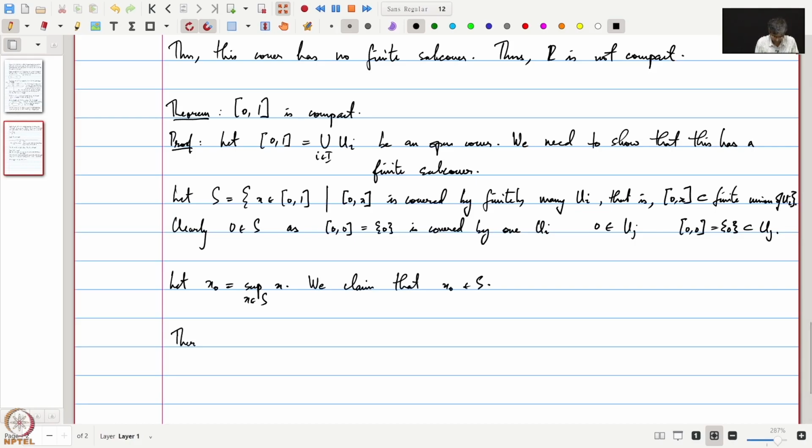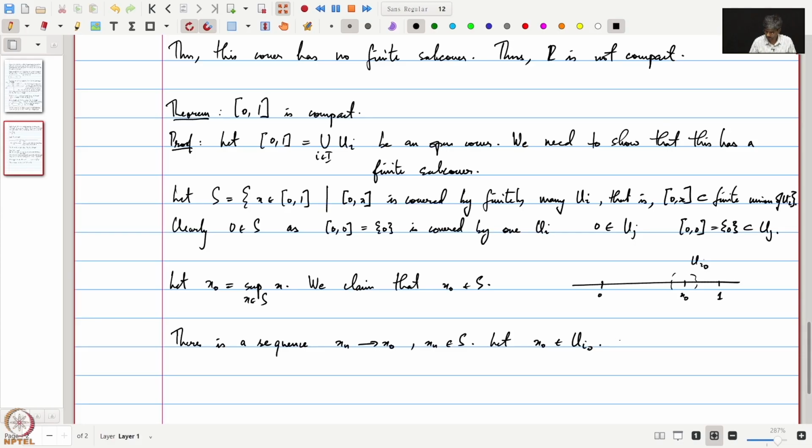There is a sequence x_n converging to x_0 with x_n in S. So we have 0, we have 1, and let's say our x_0 is here. x_0 is going to be in some open set U_{i_0}.